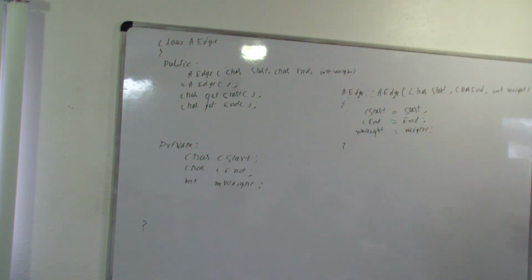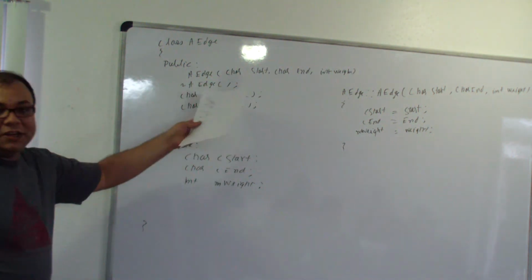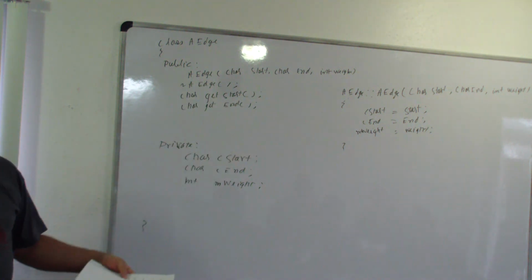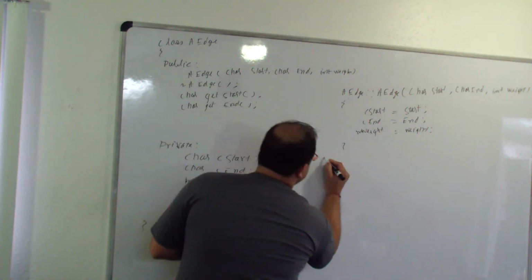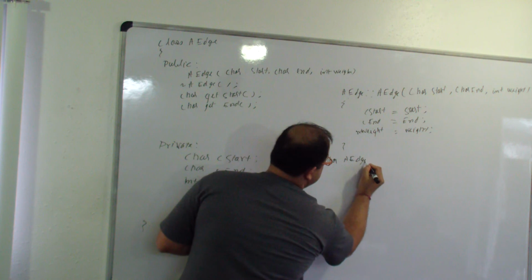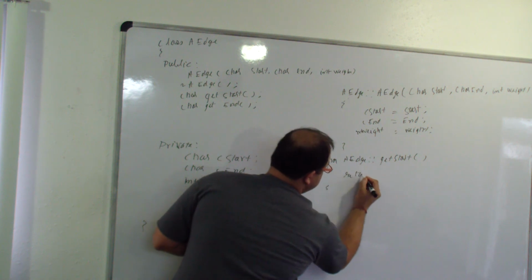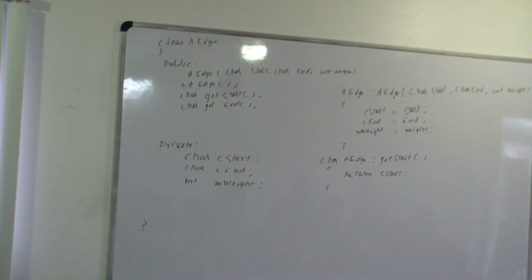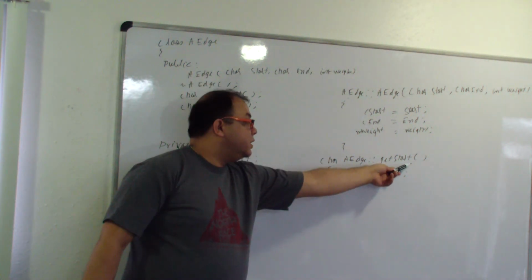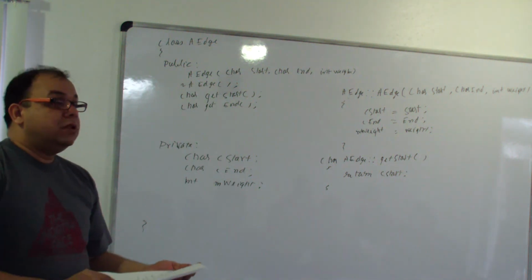So far very simple, right? Then tilde Edge: we are not doing a new, so tilde Edge will just be blank at this point. Then character Edge colon colon get start will just return C start. Similarly, character Edge colon colon get end will return C end. That is a very simple class for the edge.